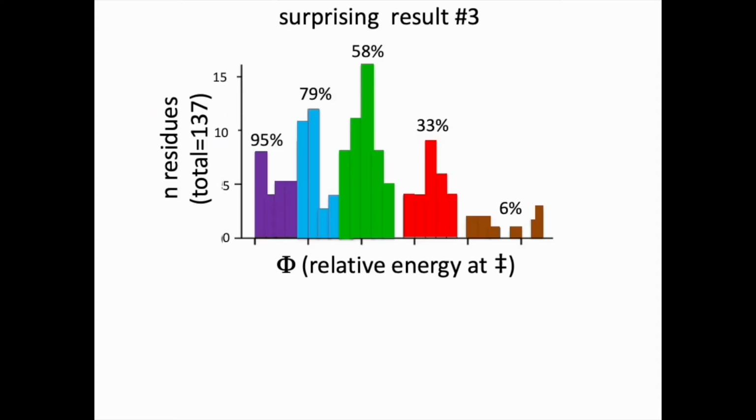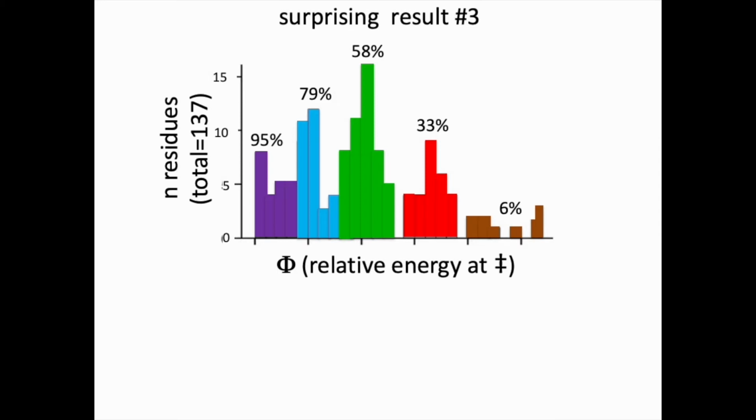As I did with the first 3 chapters, I'm going to start by showing an unexpected experimental result. And that is, if we measure those 2 energies that determine phi, and we do this for many different residues, in this case this histogram shows it for 137 residues, we see that phi is distributed as 5 discrete populations.